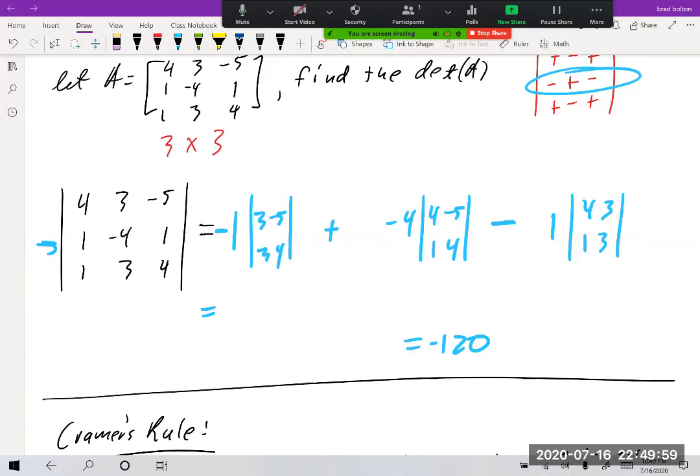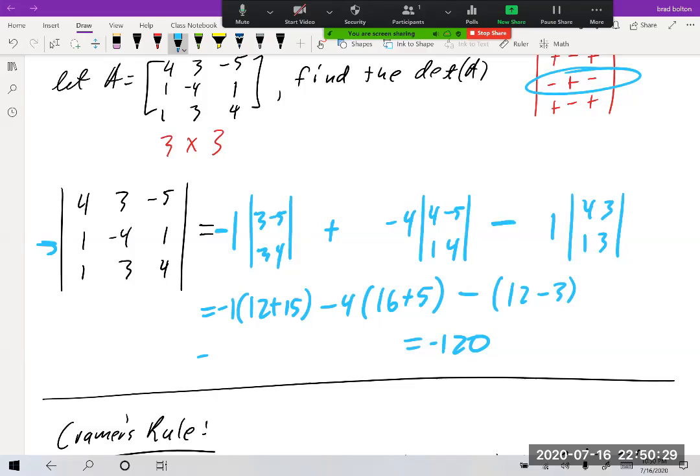Okay, so let me make sure that I didn't write anything wrong like last time. 3, -5, 3, 4. So this would be -1 times 12 plus 15, minus 4 times 16 plus 5, minus 4, no, I'm sorry, 12 minus 3.